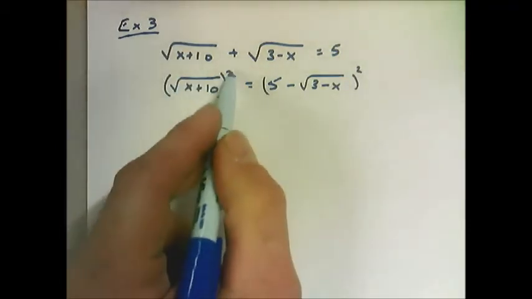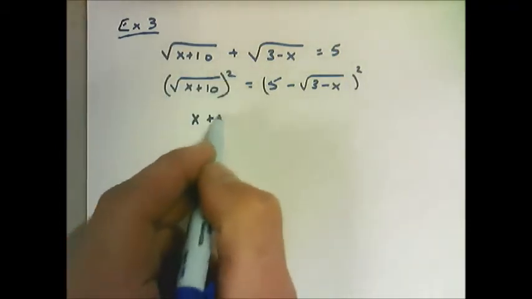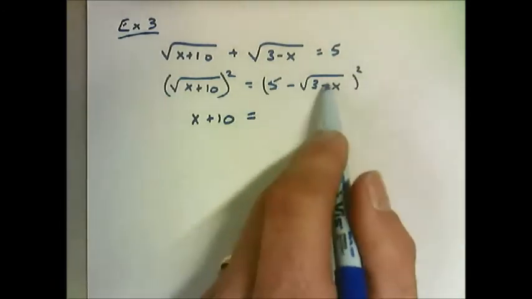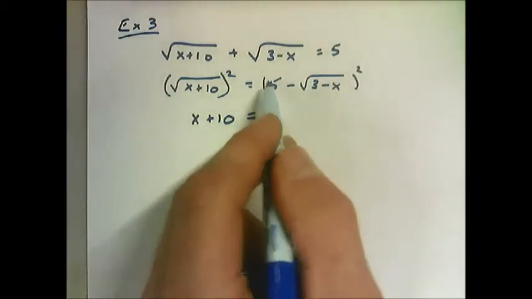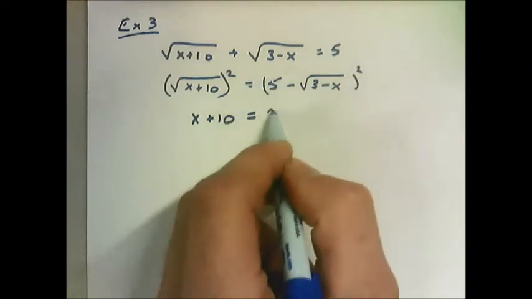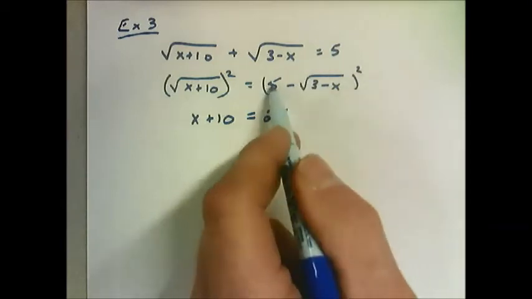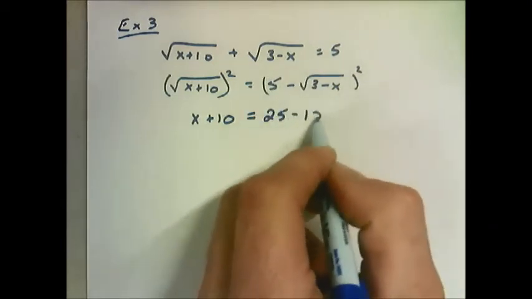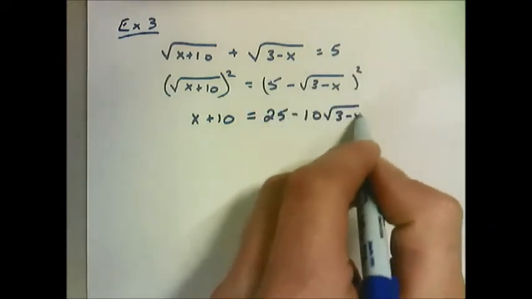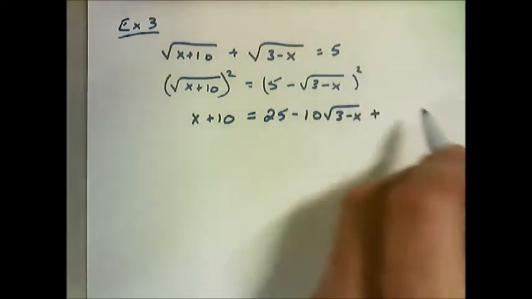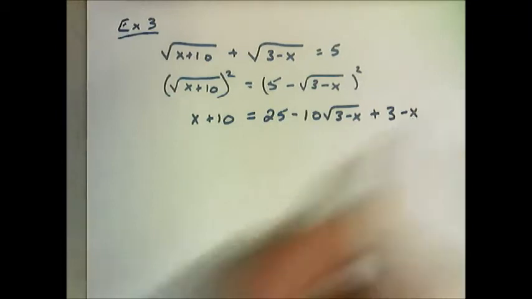Again, the square root of a square is going to end up being what the radicand is, x plus 10. Here, if I multiply these together, I can take 5, square it, I get 25. I can multiply the 2 together and double it, so minus 10 square roots of 3 minus x. And multiplying this one by itself, I get plus 3 minus x.